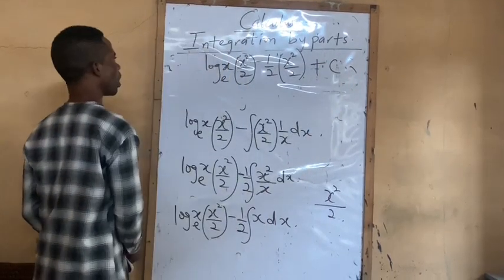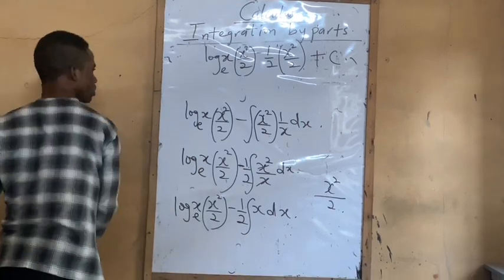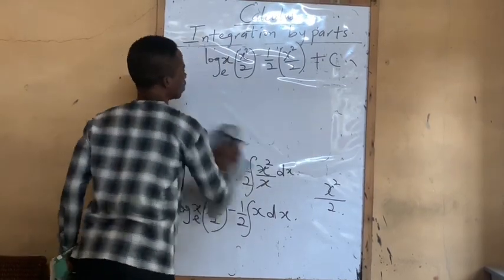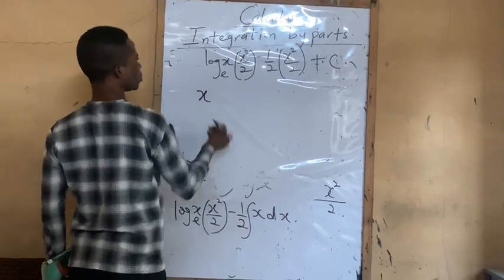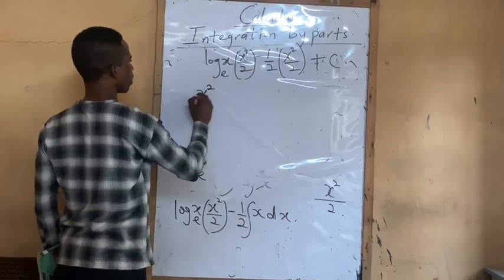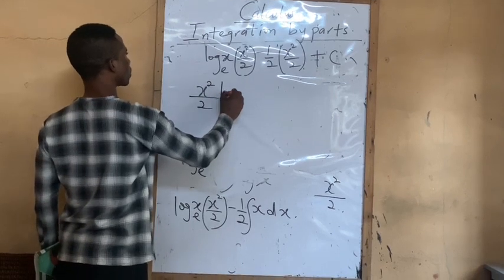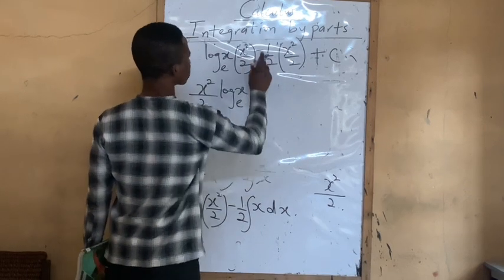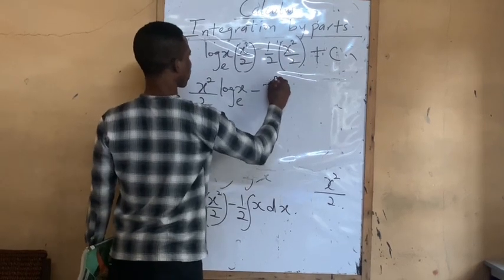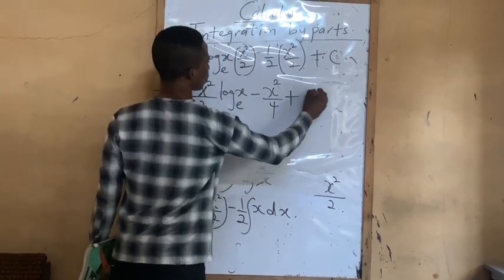So we can actually just write it like this: x squared all over 2 log x base e minus x squared all over 4 plus c.